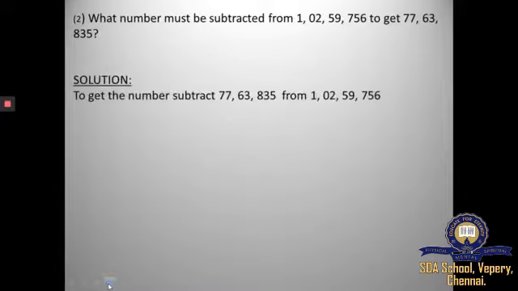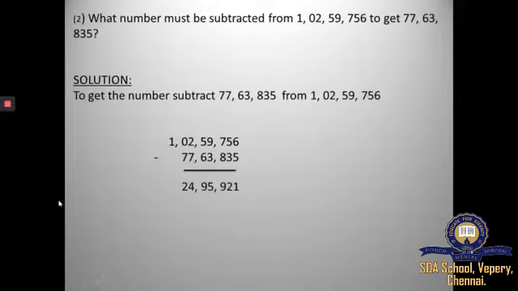Solution: to get the number, subtract 77 lakh 63,835 from 1 crore 2 lakh 59,756. So we will subtract. Thus, we obtain the number 24 lakh 95,921.